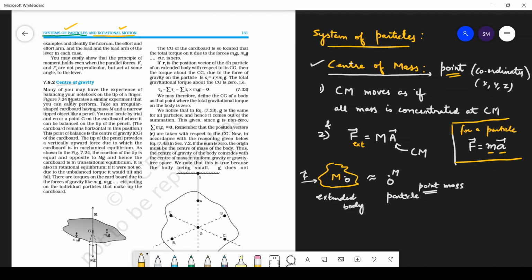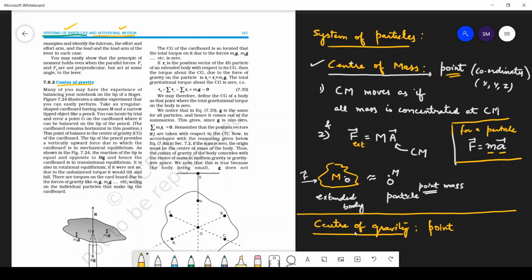So what is center of gravity? So when you talk about center of gravity, it's also a point. It's also a point which has coordinates, of course. So what's the specialty about this point?